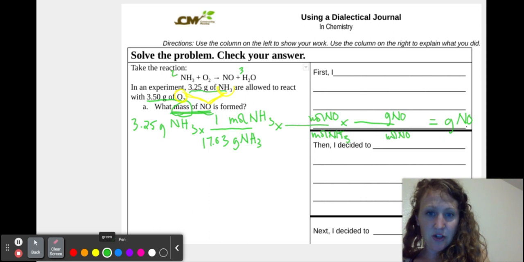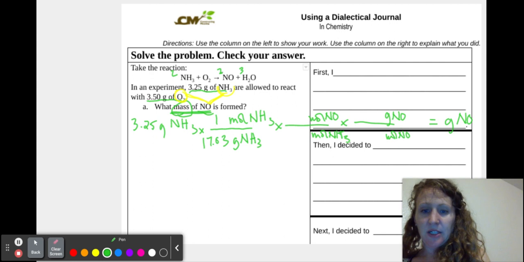Now I have 6 hydrogens, 6 hydrogens. I have 2 nitrogens, so let me put a 2 here. 2 nitrogens, 2 nitrogens. Now I have 5 oxygens on one side and then an O2 on the other. So I'm going to double everything.